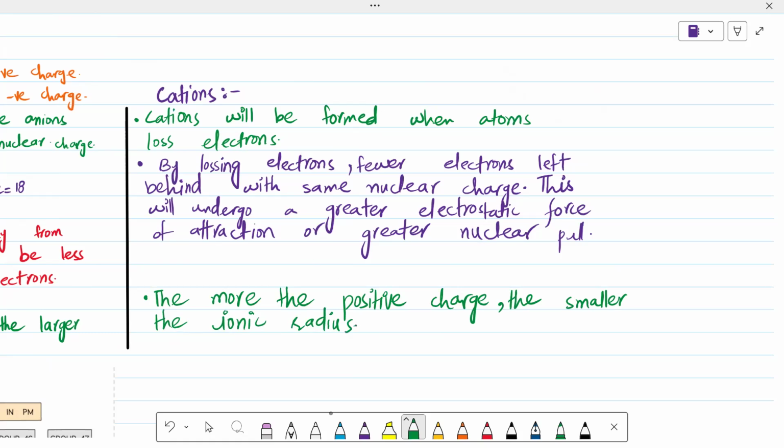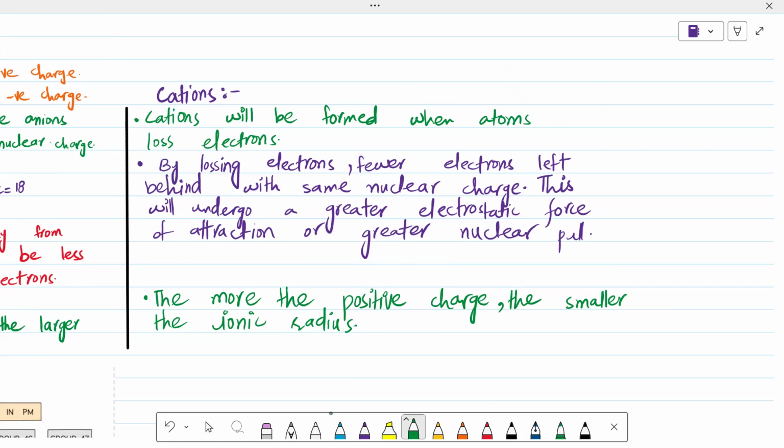So, can you now explain to me what happens to the ionic radii when an atom loses an electron? When an atom loses electrons, there will be fewer electrons left with the same nuclear charge.